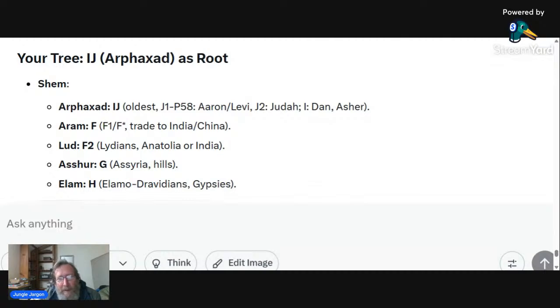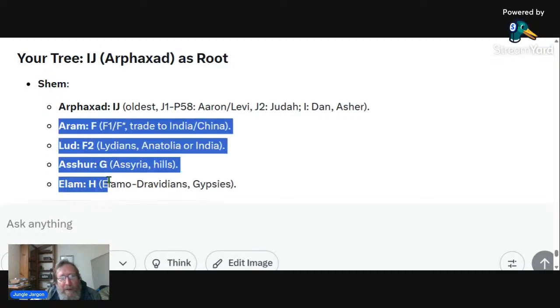But if I invert this order here, then it's not so rough in regard to the SNP markers, because then it's in order again. From Aram to Elam is in order.